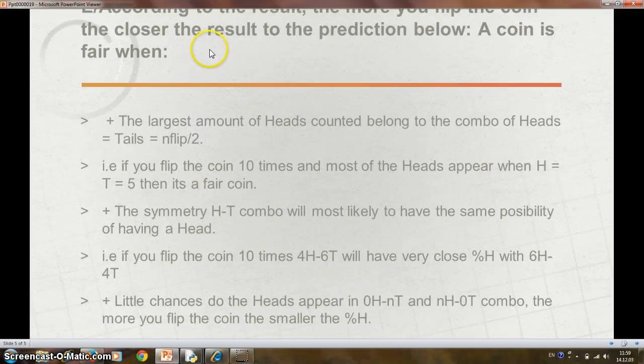According to the result, the more you flip the coin, the closer the result is to the prediction below. A coin is fair when the largest amount of heads counts belong to the combo of heads equal tail equal n flip divided by 2. For example, if you flip the coin 10 times and most of the heads appear when heads equal tails equal 5, then it's a fair coin.